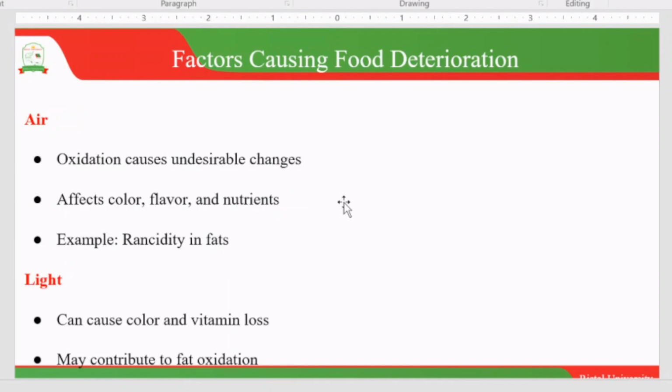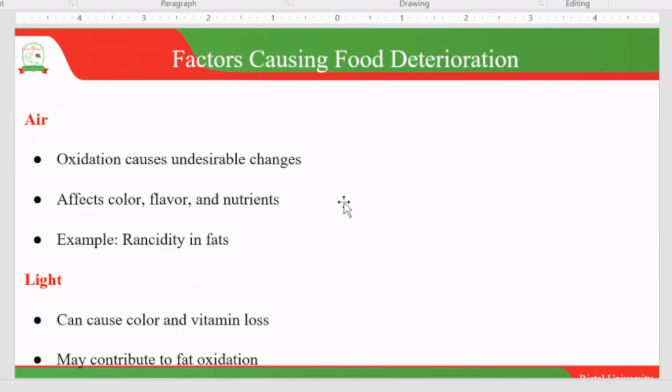All right. Another factor that causes food deterioration is air, where we are looking at oxidation. That is one of the undesirable changes that happens to foodstuffs, and we will look at this in detail. It affects the color, the flavors, and also the nutrients.